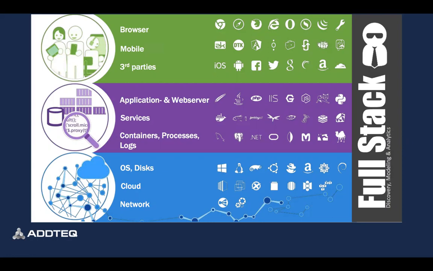If you go one step above the stack, then you have the actual application. A lot of APM tools tend to concentrate on that mid layer, monitoring the different transactions happening within the application stack, and the interaction between the application components, things like the database and other external systems.